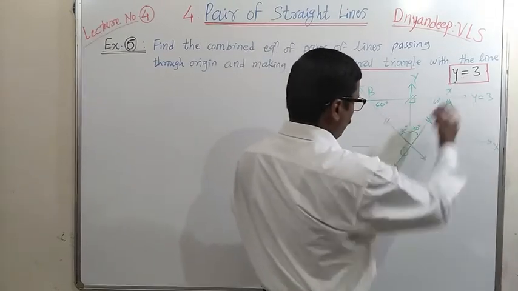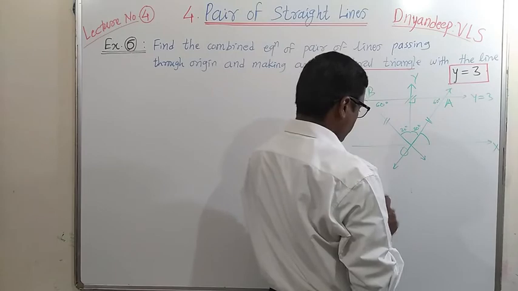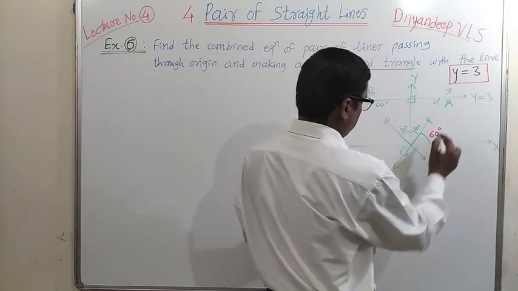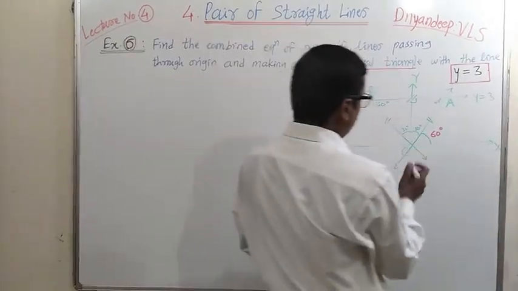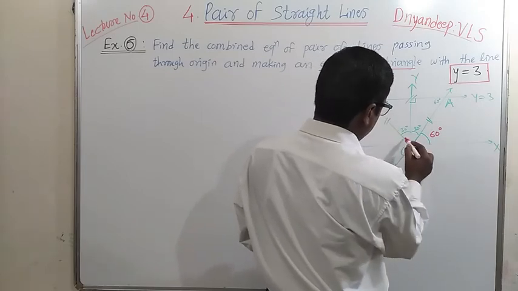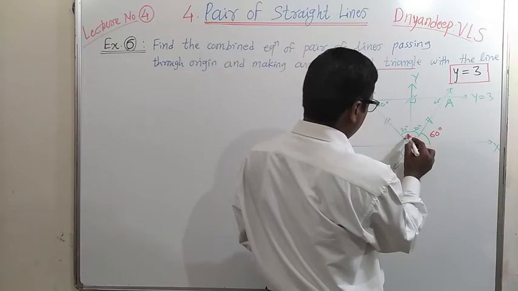So this line OA has inclination obviously 60 degrees. So the inclination of line OA is 60 and it passes through origin, and the inclination of line OB is obviously 90 + 30, that is 120.